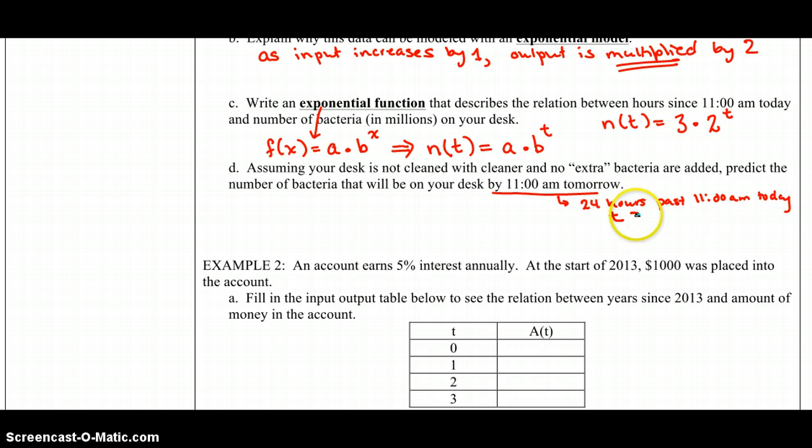So t is 24. The number of bacteria was designated by the variable n, so we have n of t, the number of bacteria at any time t, which is 3 times 2 to the t. We want to know the number of bacteria after 24 hours, so we've got 3 times 2 to the 24th power.